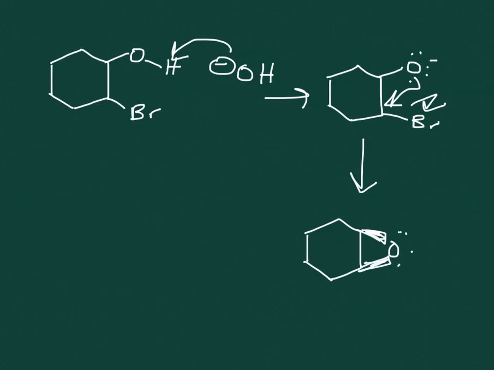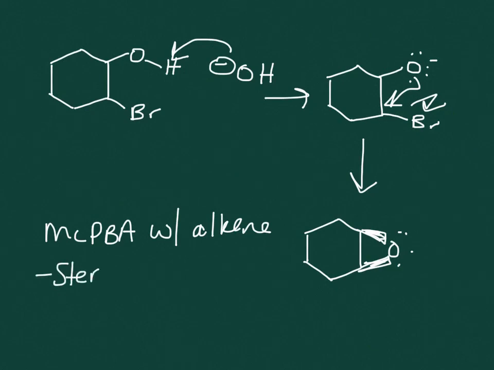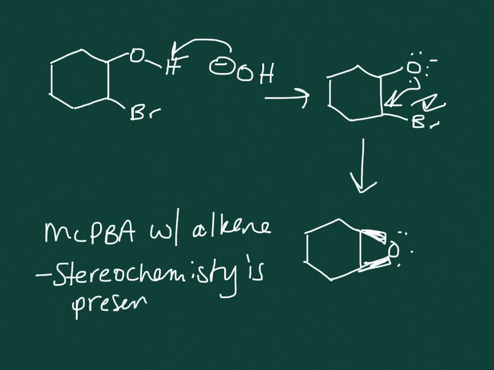The overall stereochemical outcome is similar to that of MCPBA with an alkene. So just remember that the stereochemistry is preserved. What this means is that cis groups will be cis to each other in the epoxide, and trans groups that were trans to each other will be trans in the epoxide.